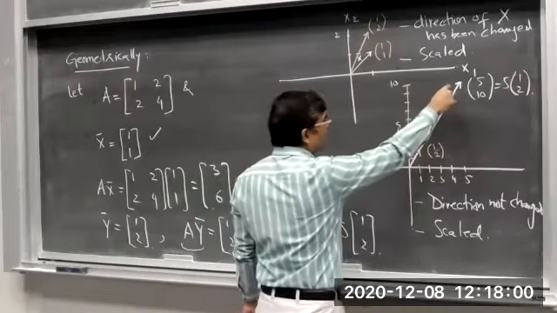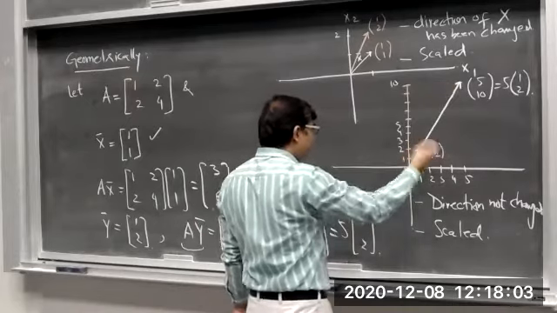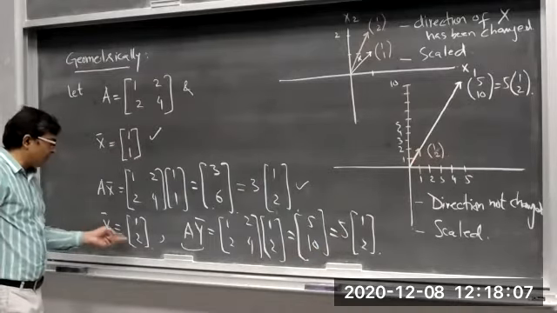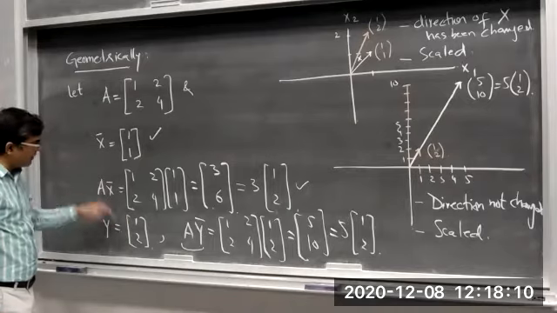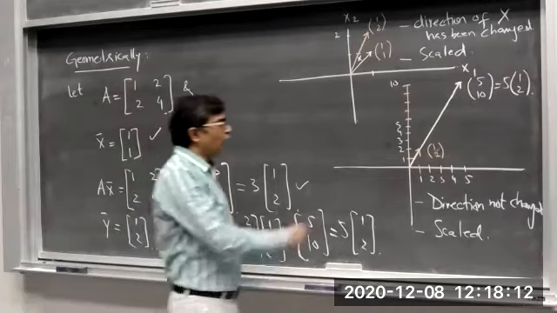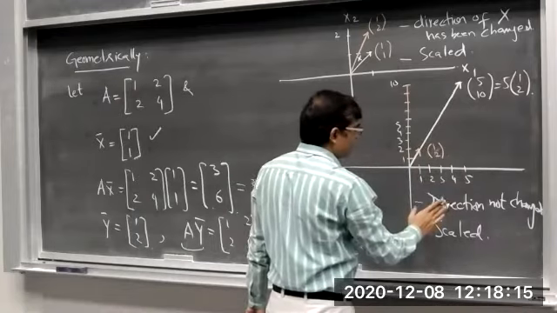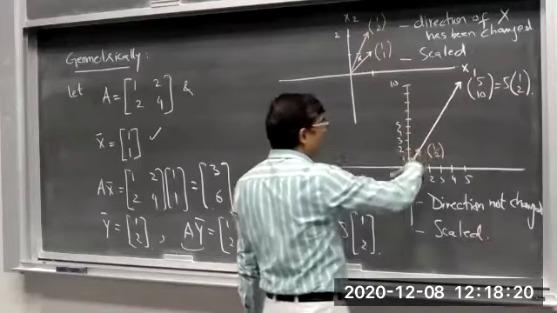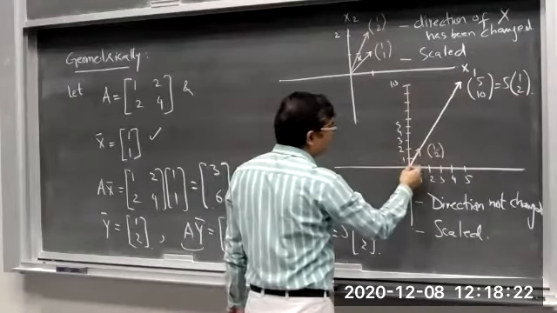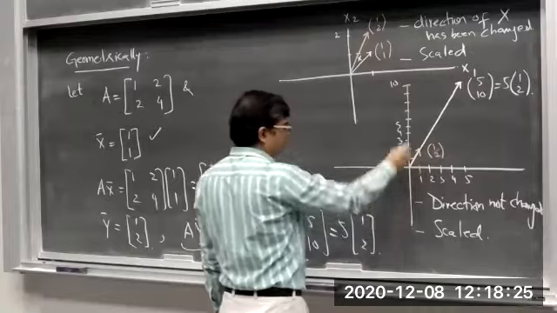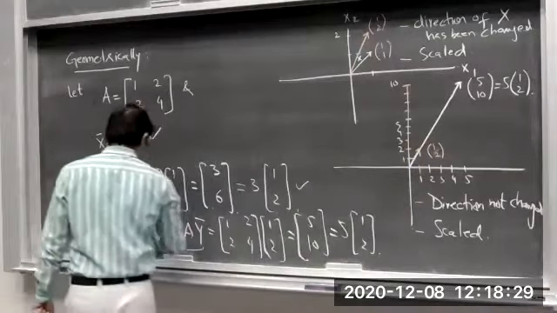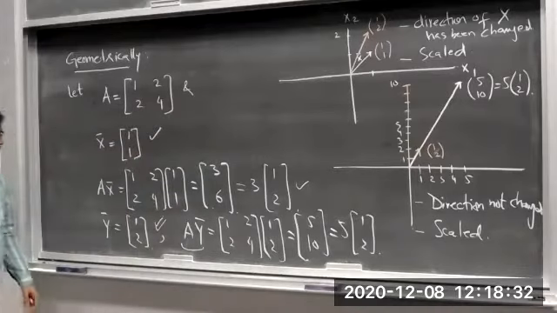For example, y is some vector, and when we multiply A with y, it only changes its scale, so it can be extended or contracted, or its direction can be changed only to the opposite direction. Such kind of vectors are called eigenvectors.